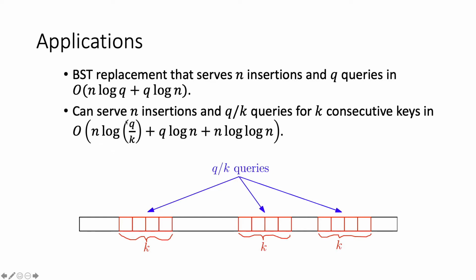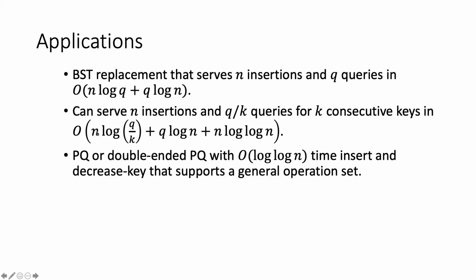And here, this means that I essentially am getting these extra k keys for free, because n log q over k is likely to be the dominant term. Each of the consecutive queries is just going to cost log n time, and it's not going to increase the relative amount of work per insertion. So it's kind of interesting.